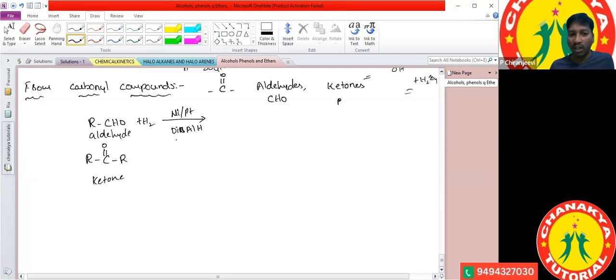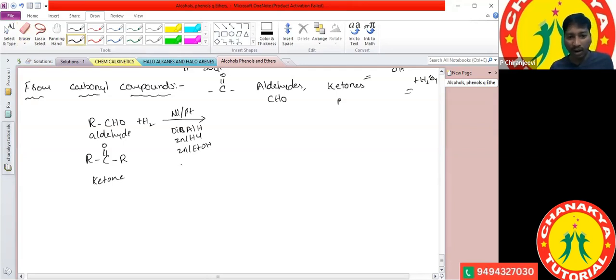And what are the other reducing agents we have here? Zinc in the presence of HCl, or zinc in the presence of ethyl alcohol, EtOH. So zinc amalgam, Zn-Hg, sir. Zn-Hg converts carbonyl compounds into alkenes, so we can't take this one. And what is another one we can take here?